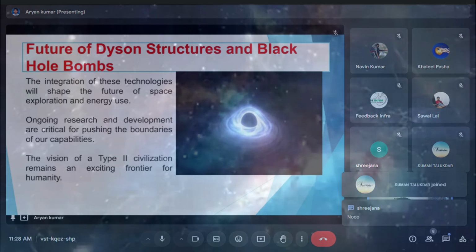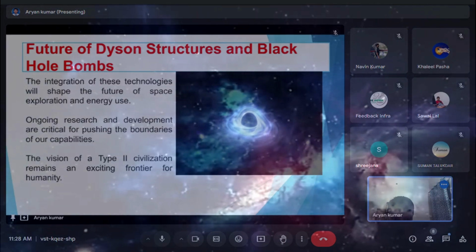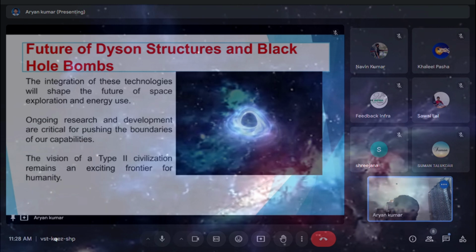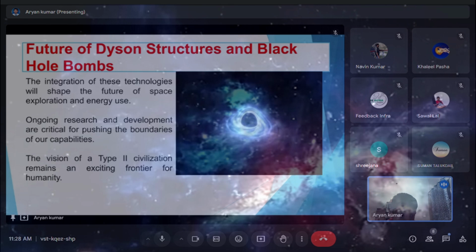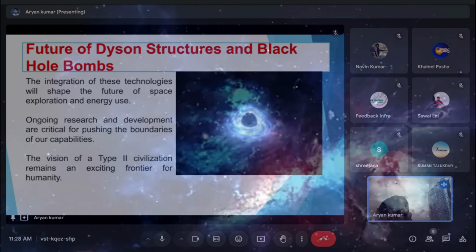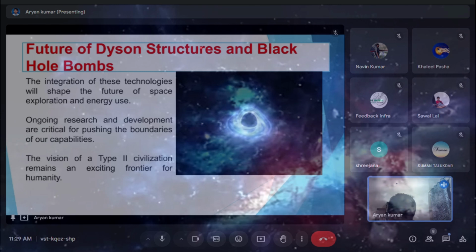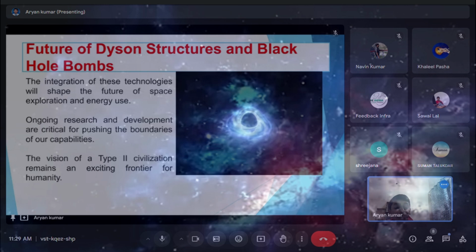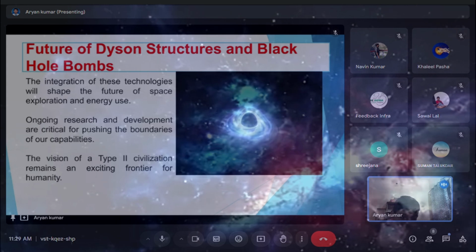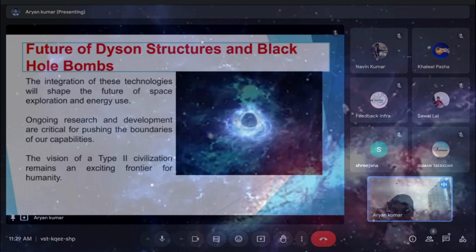So we were talking about Dyson structures and black hole bombs. Black hole bombs work like this: if we surround a black hole with mirrors and shoot electromagnetic beams at it, a process known as the Penrose process happens, and the waves would get stronger and stronger, and if we need any energy we can open some windows to get the energy from it.